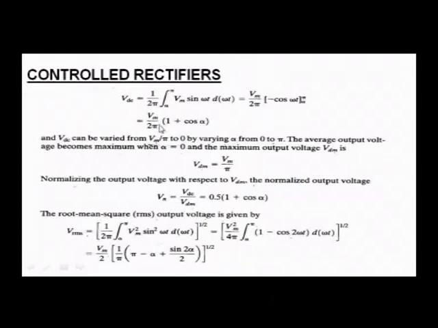So, 2 Vm by 2 pi means Vm by pi. So, the maximum value which the DC can take is Vm by pi, and the minimum value is when I give pi. So, it becomes minus 1, so 1 minus 1 means it is 0. So, I can have it vary from Vm by pi to 0 by varying alpha from 0 to pi. So, this is the maximum value, Vm by pi.